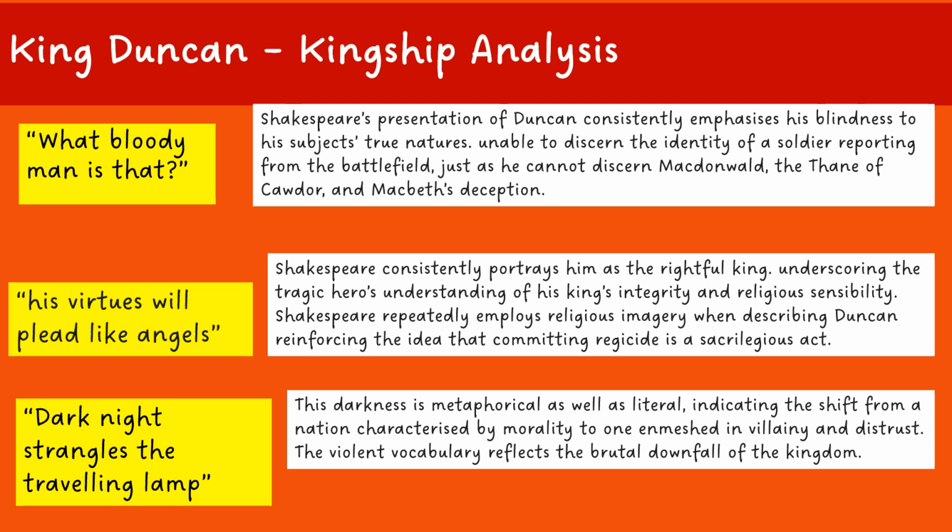So the first quotation I've picked is, "What bloody man is that?" And that is in reference to the captain that walks past King Duncan in Act 1, Scene 2. Now, this is Shakespeare's first indication that Duncan is blind to his subjects' true natures.